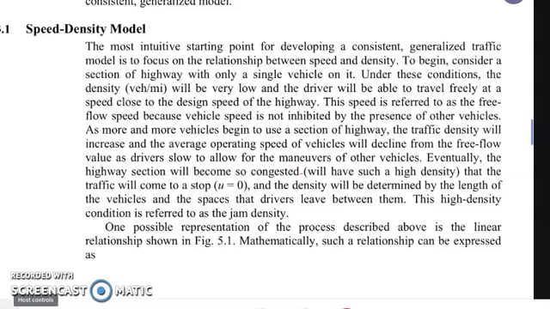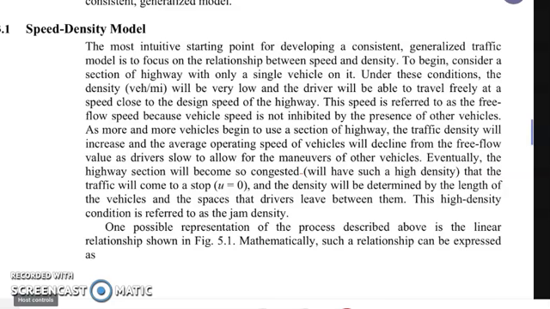As more and more vehicles begin to use a section of the highway, the traffic density will increase and the average operating speed of the vehicles will decline from the free flow value as drivers slow to allow the maneuvers of other vehicles.